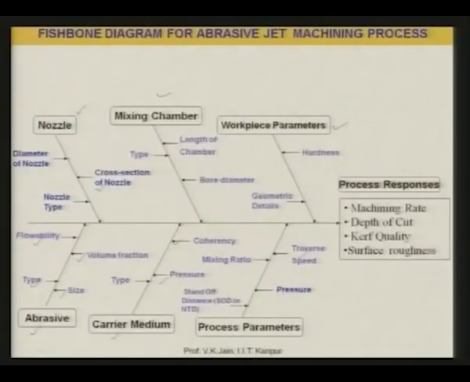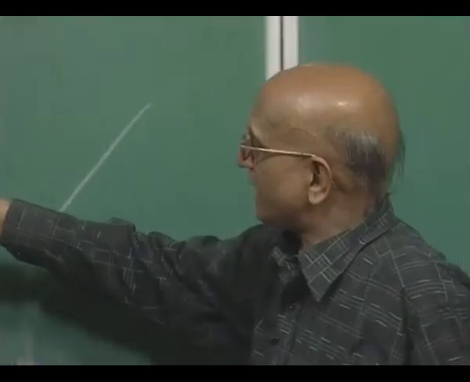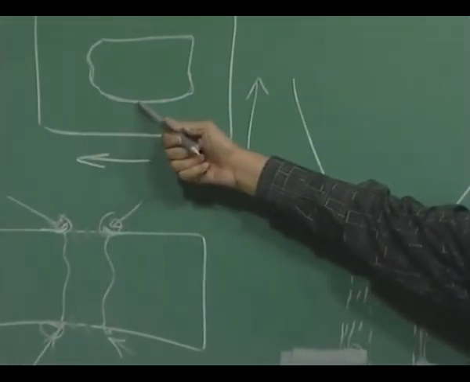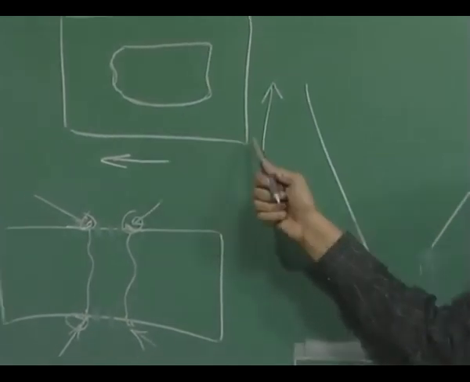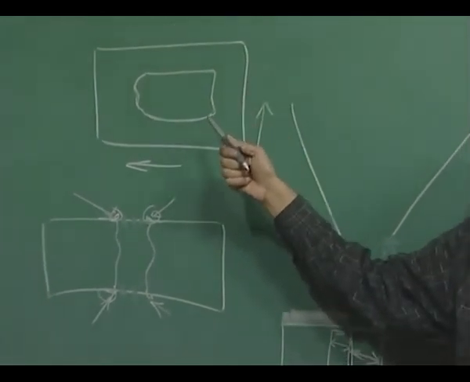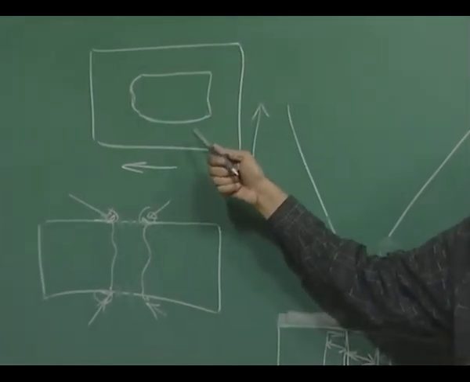That is why the traverse speed is important, and how deep it is penetrating will depend upon the speed of the workpiece in the x direction and y direction with reference to the air abrasive jet.